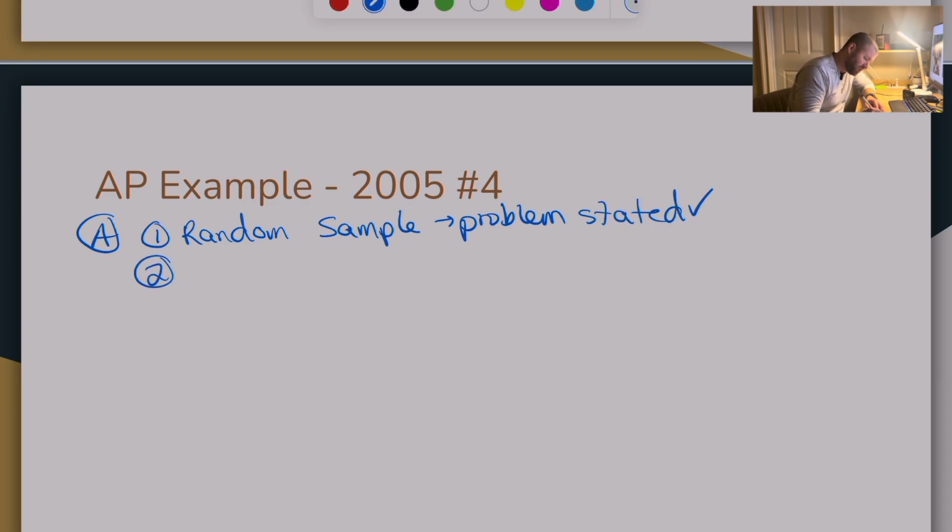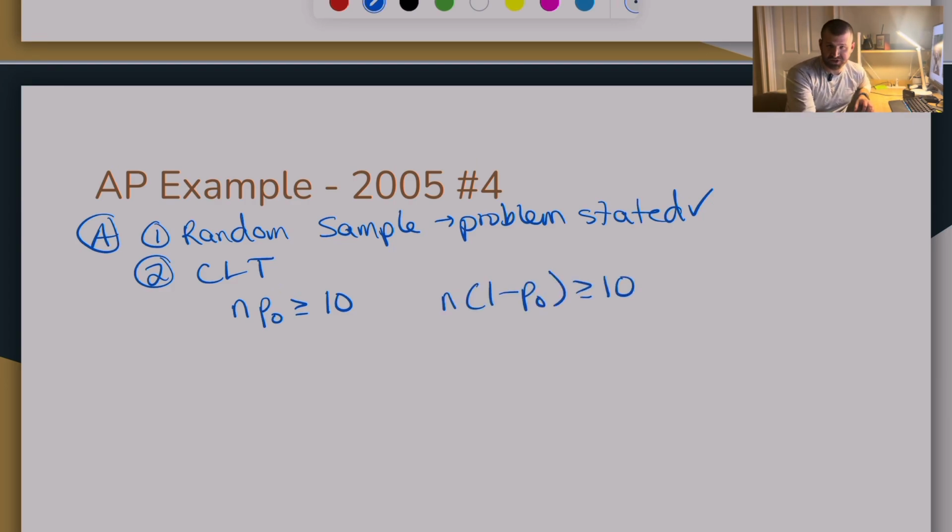The change with our CLT condition is that no longer are we using the sample data like we did with confidence intervals. We need to use the null hypothesis value. So it's n times my initial assumption greater than or equal to 10, and n times 1 minus my initial assumption greater than or equal to 10.